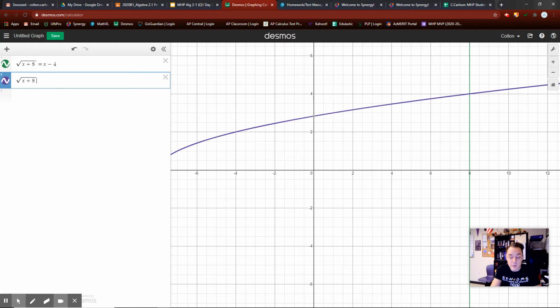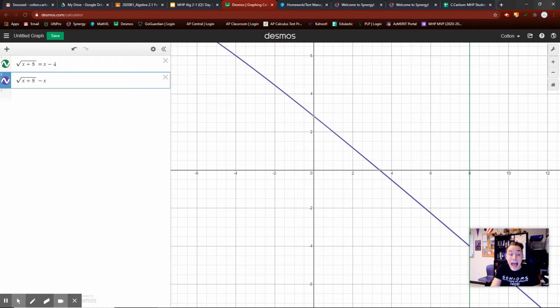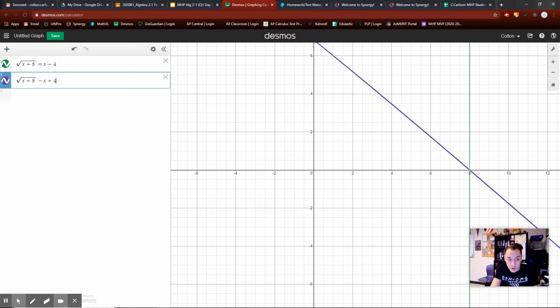What I need to do is subtract the x over and then add the 4 over, so then it equals 0. Now, I don't want equals 0, so I'd rather just get rid of the equals 0, and this is really what I have. Here it's very clearly seen that 8 is my x. So that's how you solve it using Desmos.com.